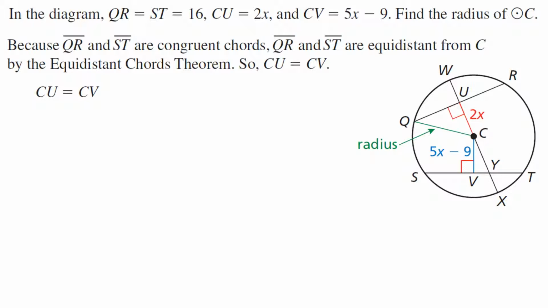CU has to equal CV. This will enable us to find the value of x. Obviously a couple steps got done there. x is 3. So the distance of CU is going to be 2 times x, which is 2 times 3, which is 6.